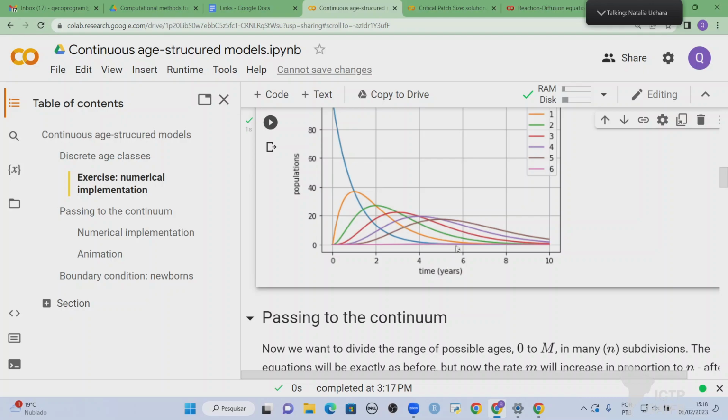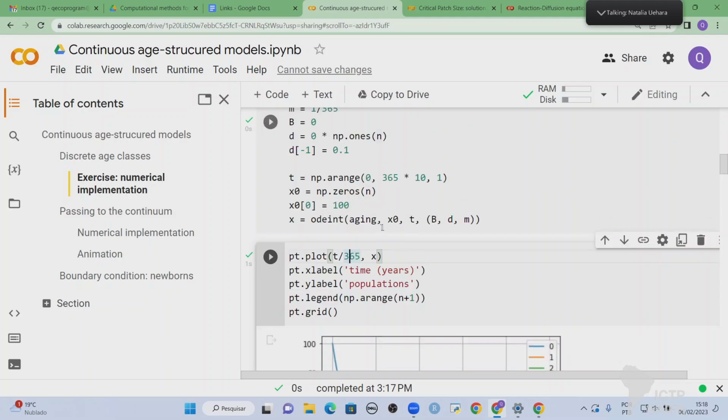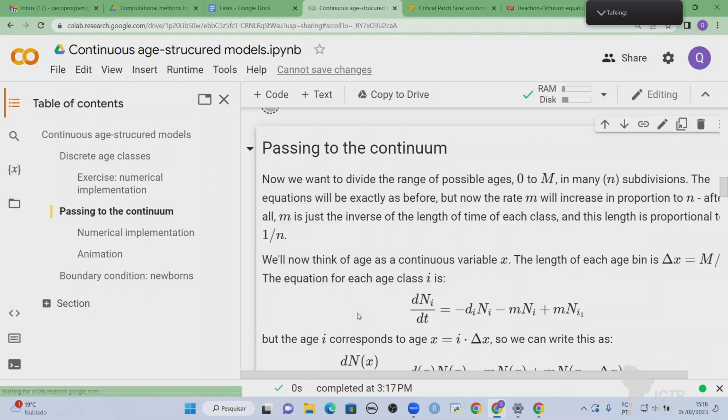Okay, so this goes down. The newborns are maturing into the second year, then third year, and so on. And these others go up in order: first the first years, then the second years, then the third years, and so on. But as we had already talked about, this is not really a very good approximation for this problem, because you see, let me just limit the solution to the first 2 years only.